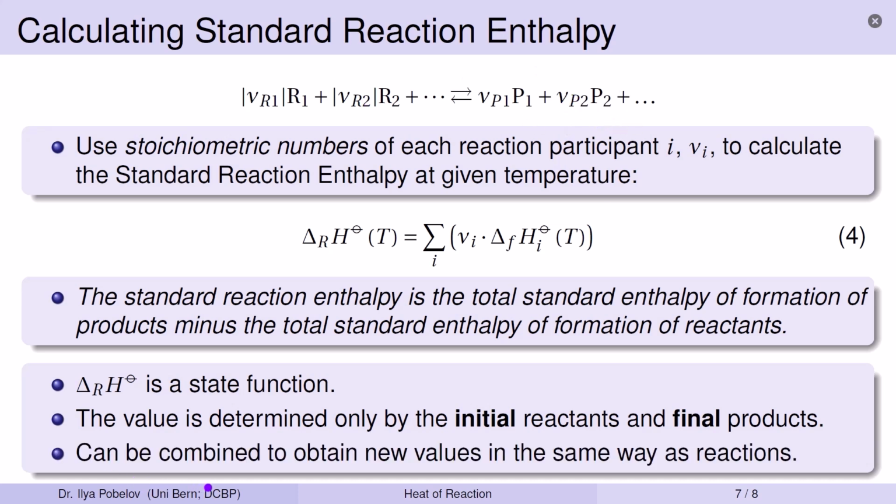We can combine reaction enthalpies for several reactions in the same way as we combine the reactions themselves to achieve the desired reaction. This is what we are essentially doing here. We use the standard enthalpies of formation as building blocks to derive standard reaction enthalpies for other reactions.